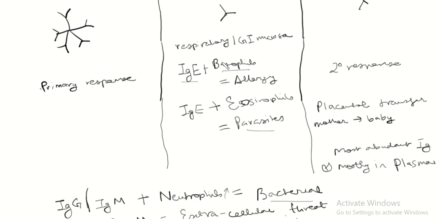Remember, we had these non-specific signs and symptoms of fever, increased C-reactive protein, and increased WBCs. Well, now we can look at white blood cells and these antibodies and start to see some general indications of what causes these rises in the cell lines.